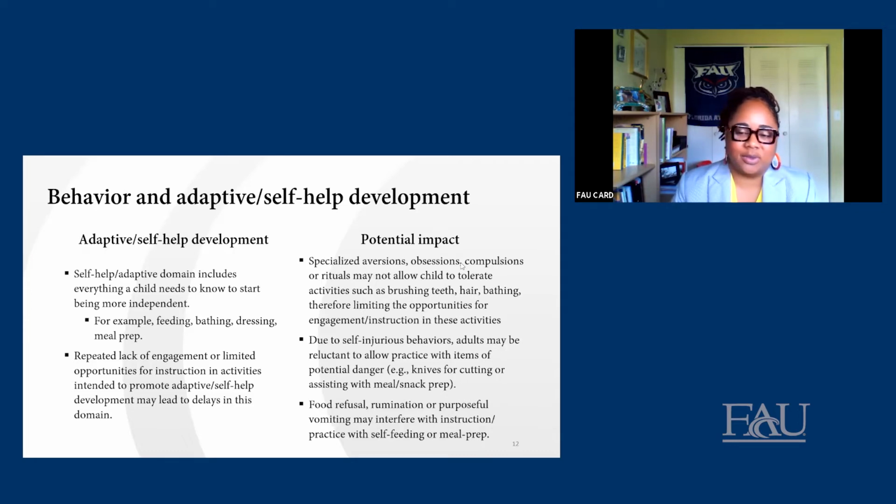But because of the challenging behavior that children might be exhibiting, such as self-injury, we might not allow them to do that. Some children manifest challenging behaviors around food refusal, rumination, or purposeful vomiting. This too might interfere with the ability to instruct or to practice self-help, meal prep, or feeding activities that are intended to promote skill development in this area.